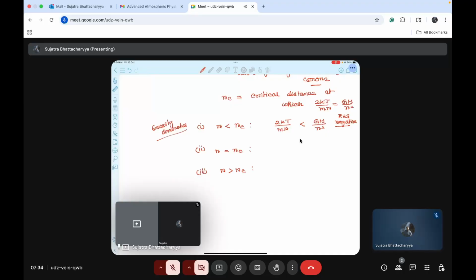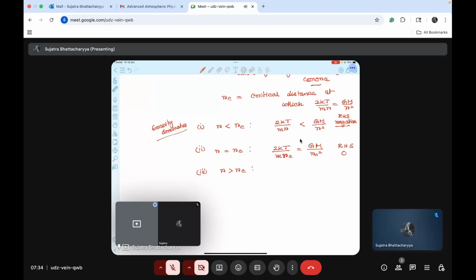Next, when r is equal to rc, you get 2kT by m rc becomes GM by rc square, so the RHS becomes 0.